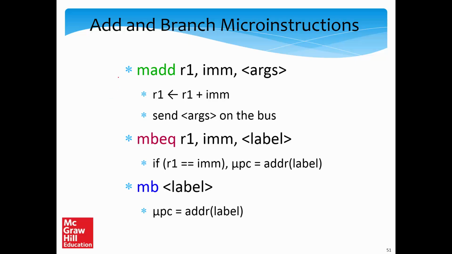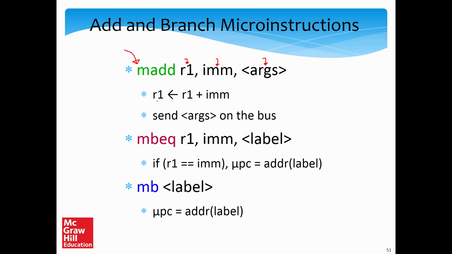Now we need a little bit of add and branch micro instructions. The add micro instruction that we shall introduce is madd. It takes the first argument as a register, the second argument is an immediate, and the third argument is a set of bits called the args field.